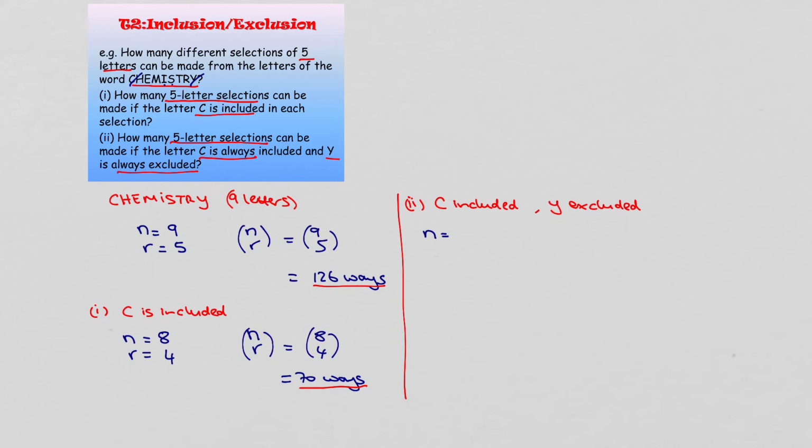If we have H, E, M, I, S, T and R, that gives us 7 letters to make our selection from. We have to select 5 letters, but C is always included, so there are 4 left to pick. So nCr is 7 choose 4, and 7 choose 4 is 35 ways.